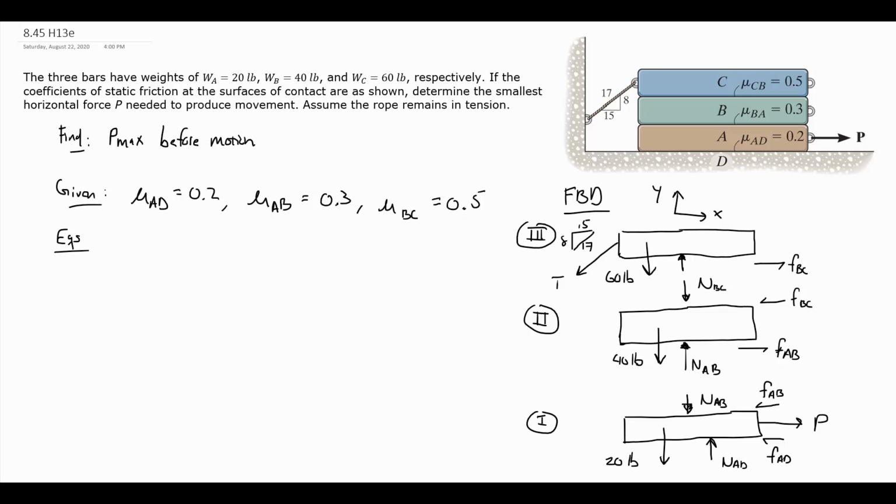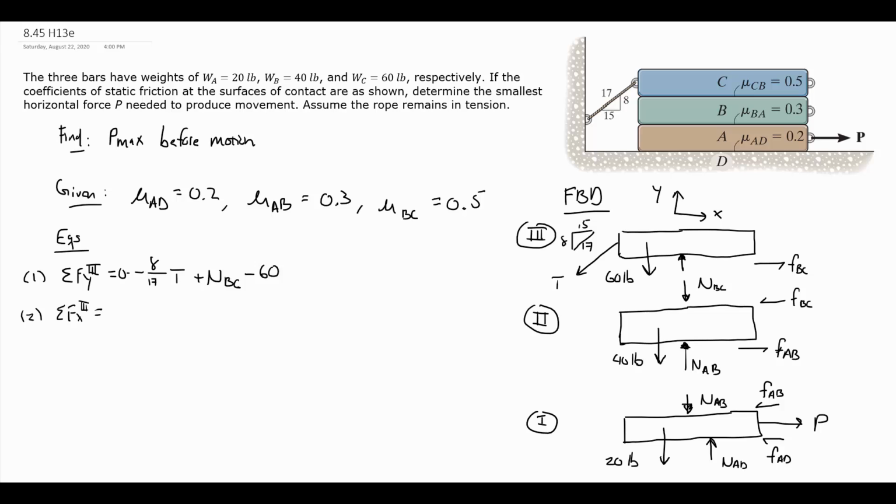I'm actually going to start with free body diagram 3 for my first equation, because it has the fewest unknowns. If I sum forces in the y direction in 3, I am going to get a negative 8 over 17 times the tension, plus NBC, in this picture it points up, minus 60, the weight of this bar C. And equation 2, I'll stick with this picture and sum forces in the x direction in picture 3.